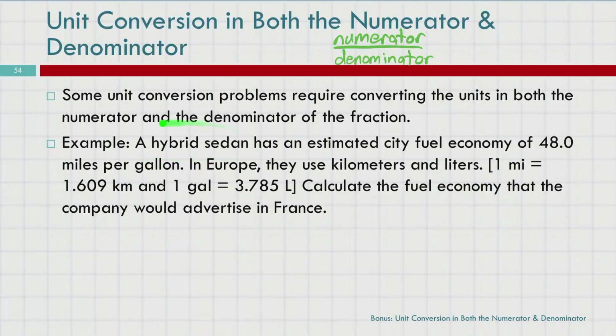So for example, a certain hybrid sedan has an estimated city fuel economy, your miles per gallon in the city, of 48.0 miles per gallon. In Europe, they're going to use kilometers and liters rather than miles and gallons. So we might want to calculate the fuel economy, the kilometers per liter that they would advertise in, say, France.